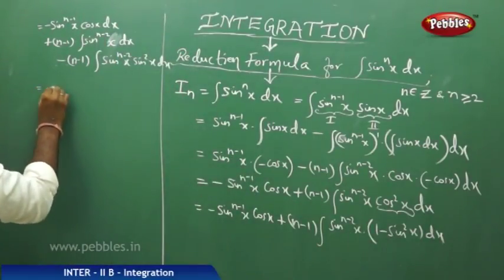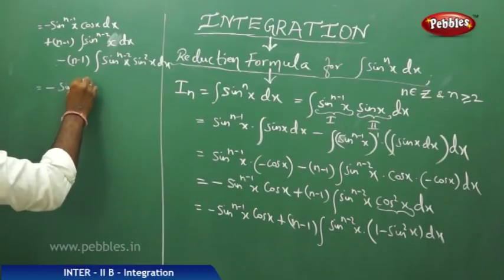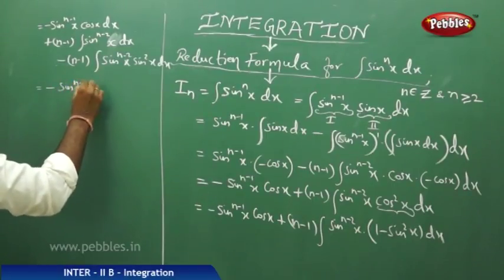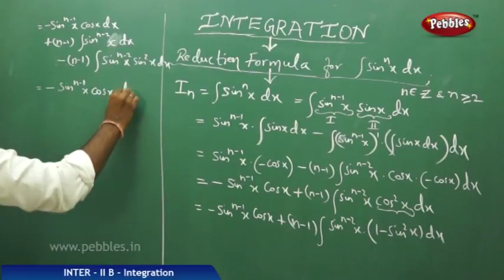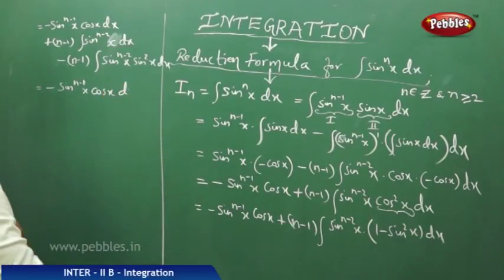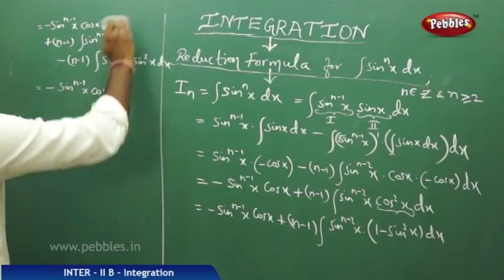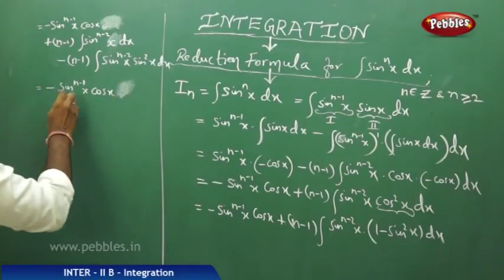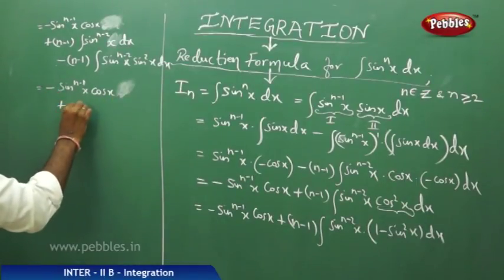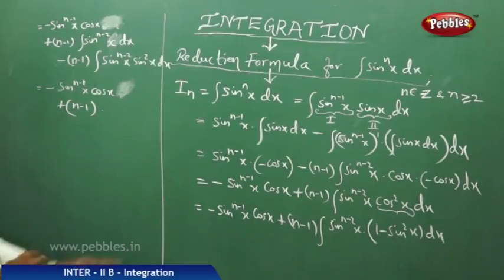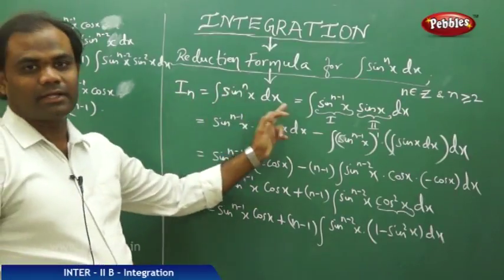Now, as I see this, I get this to be n minus 1 x cos x, and this is n minus 1 times In, the integral of sine power nx dx.